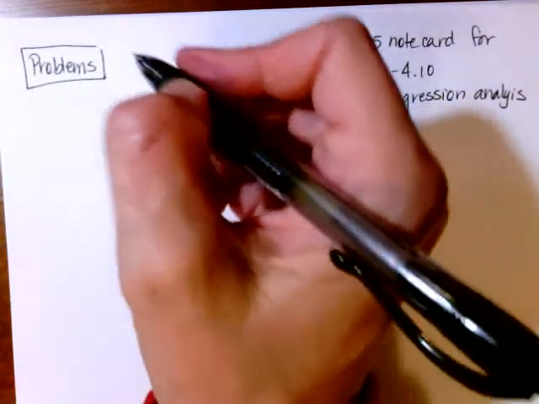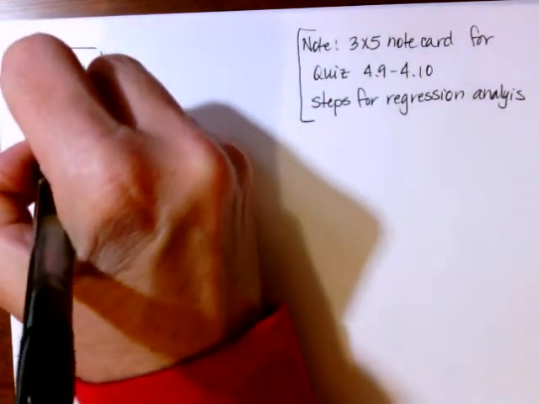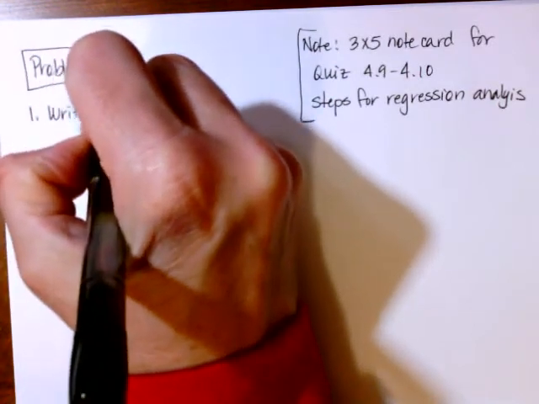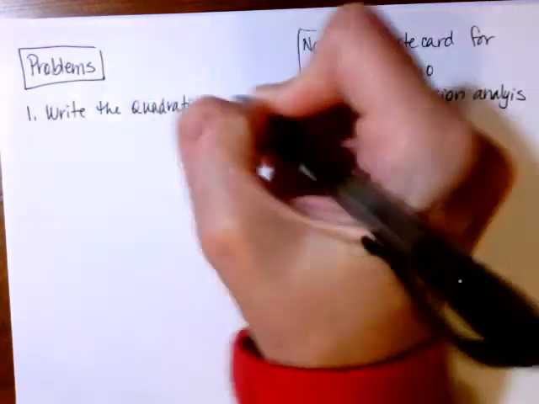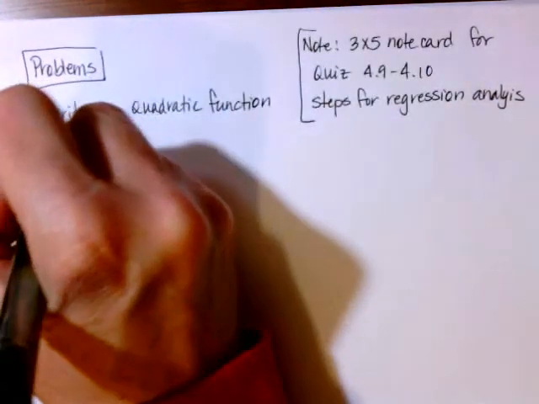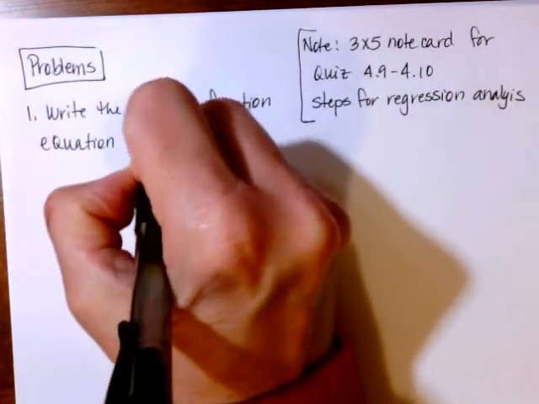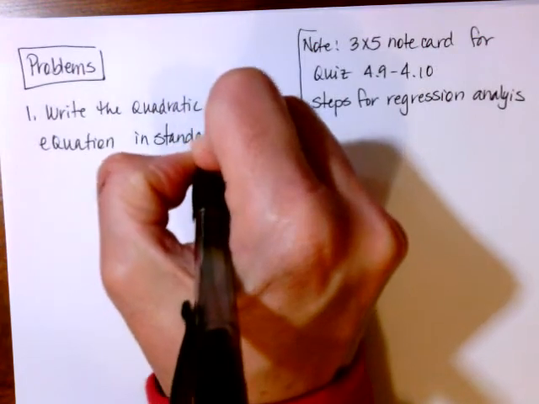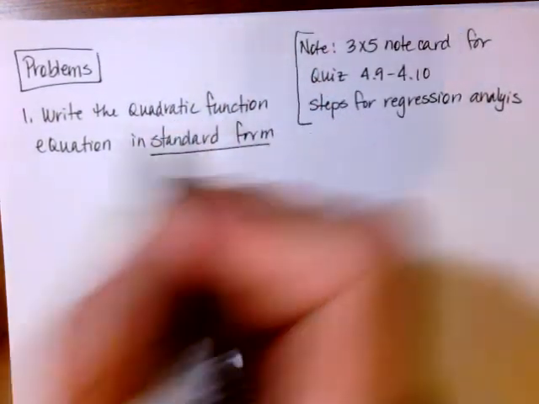All right, so your problems for the day are going to be to, number 1, write the quadratic function equation. I want it in standard form. Remember, it's important to pay attention to that.